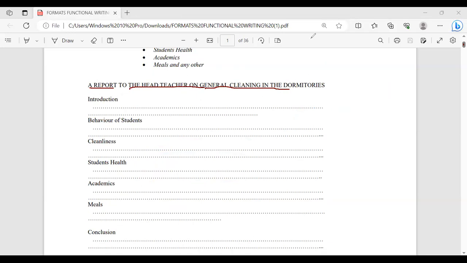Let me share a sample of this exact report, the comprehensive report.